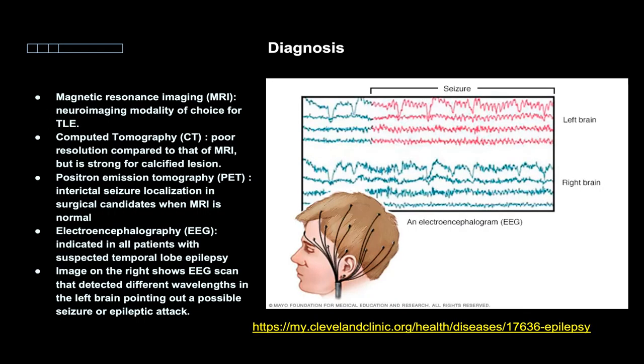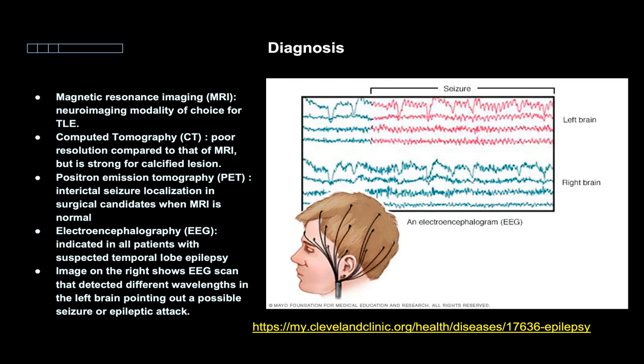So diagnosis, coming on to diagnosis, I found out that MRI scans, which is magnetic resonance imaging, gives a neuroimaging modality of choice for TLE. Computed tomography, which is a CT scan, has a poor resolution compared to MRI, but it's strong for calcified lesions.